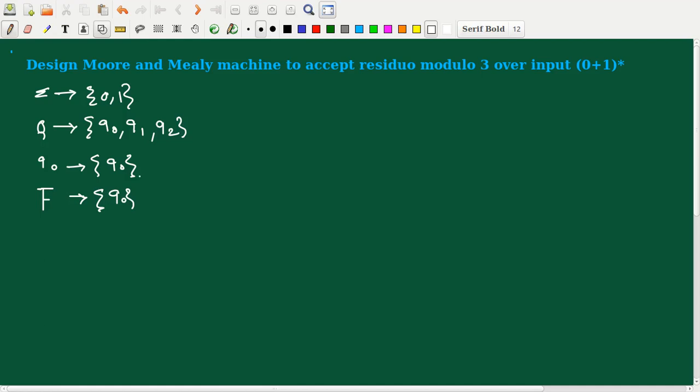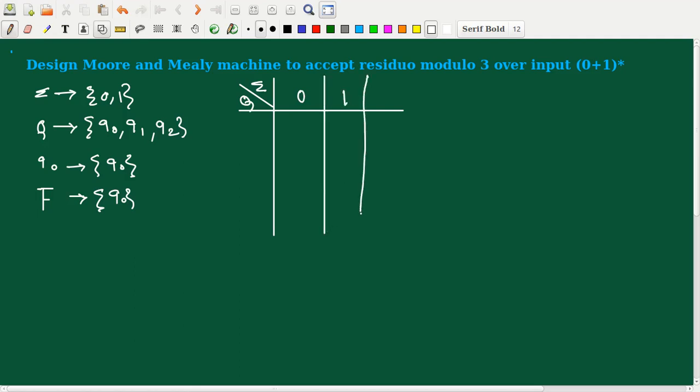So now we'll design the state transition table for this Moore machine. I'll draw this state transition table. I have inputs 0 and 1, and I have an output, because a Moore machine has an output associated with its state.